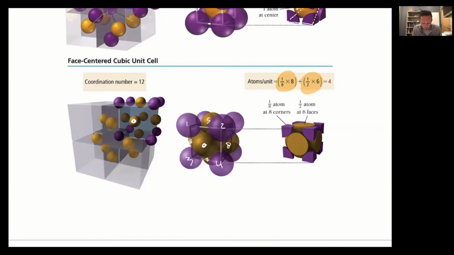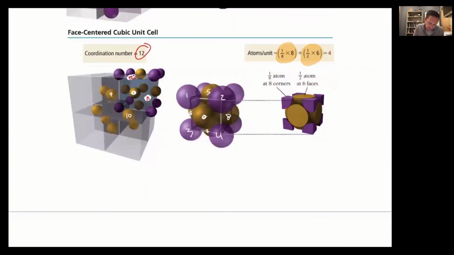And that means it's also interacting with 4 on the faces in front of it. And they're not even showing all of those, but it would be 9, 10. There would be another one here, which would be 11, and another one above, which would be 12. And so that's why the coordination number is 12.